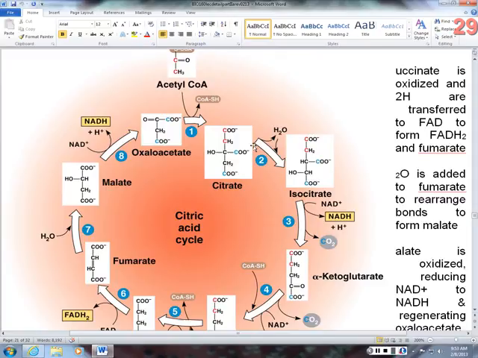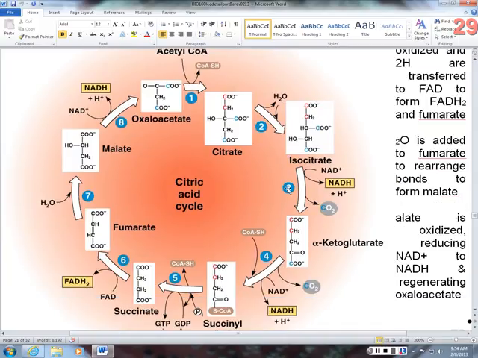So the citrate, again, is going to get rearranged to make isocitrate. Still has 6 carbons. And then it's going to pull off one of the carbons, and it has to have oxygen to do that.